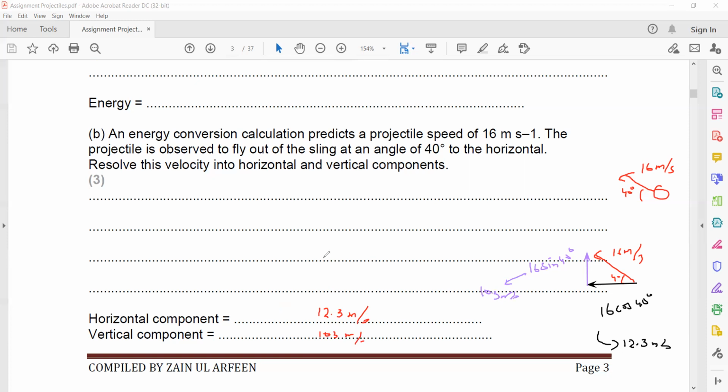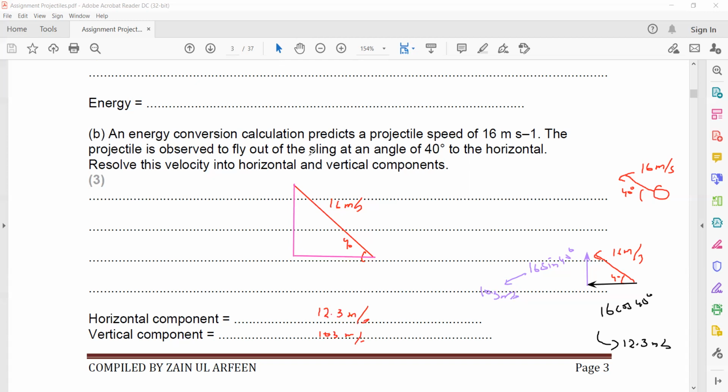And how we worked it out, we simply use a right-angle triangle, where the hypotenuse is 16, making an angle of 40 degrees, and we need the horizontal and the vertical components.